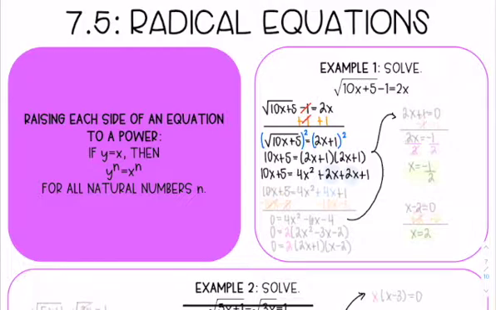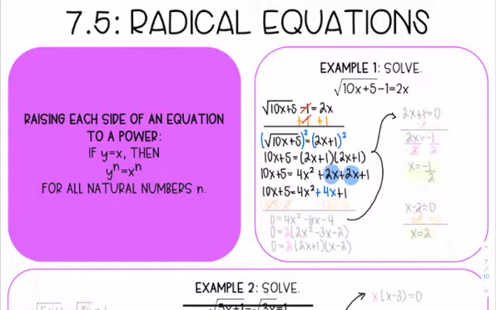And so the radical's gone, and we have a quadratic on our hands, and we just want to solve this as we've done previously. On the right-hand side, we have a 2x and a 2x that we can add together, so we have a plus 4x in the middle.